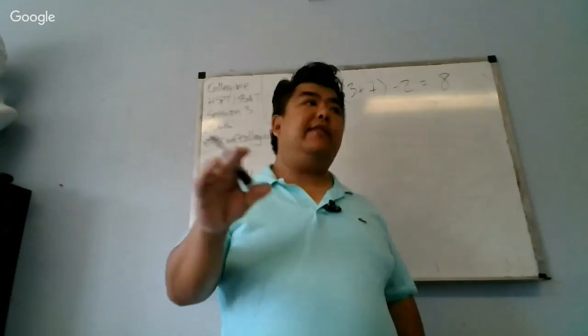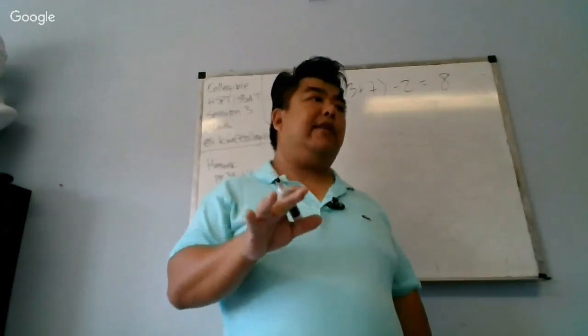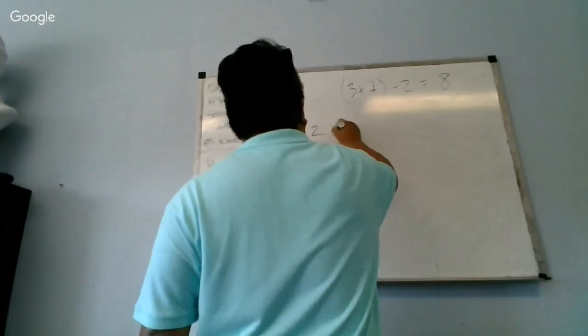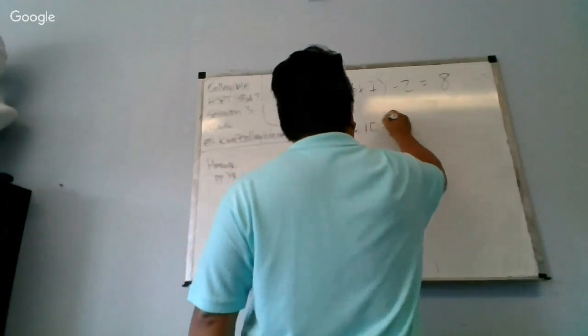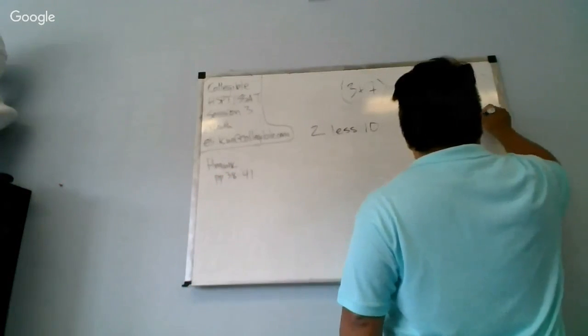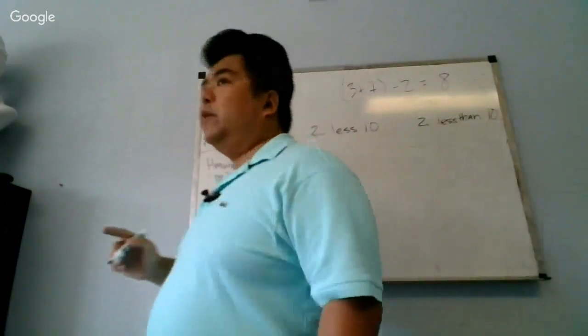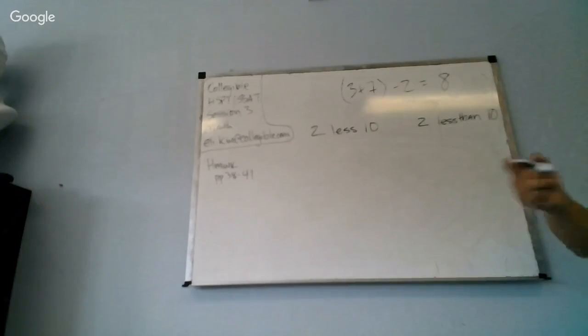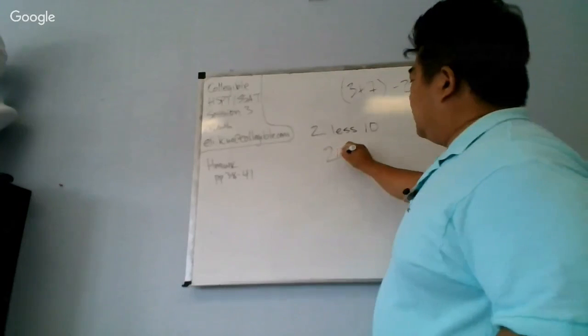Okay? I'm going to write 2 sentences on the board, and I want to see if you guys see the difference here. What's the difference between these 2? Jason, what do you see as the difference? I think 2 less than 10 is like 2 subtract 10, and then 2 less than 10 is 10 subtract 2.